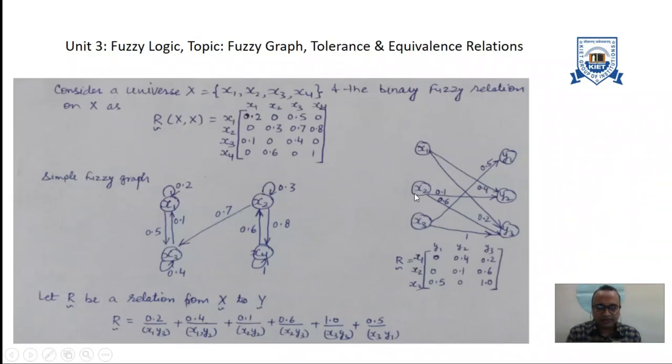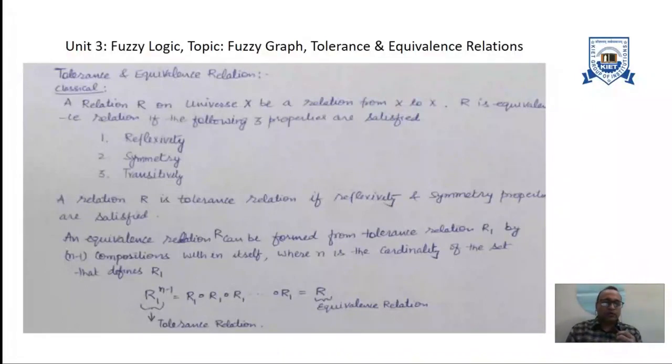We make the elements the nodes of the graph: x1, x2, x3, and similarly y1, y2, y3 are nodes, and there are arcs connecting the different nodes, and we label the membership value on each arc. We get this information with the help of the membership values obtained from the relation matrix.